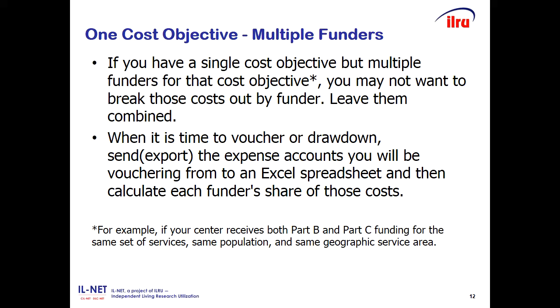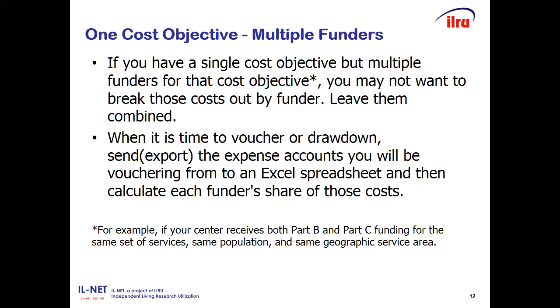Now, I'm going to take y'all down memory lane to remember what a cost objective is. There was a time a few years ago where cost objective was almost always interpreted as a funding source. But the new uniform guidance and uniform administrative requirements are very clear on exactly what a cost objective is, and it has become very clear that you can combine multiple funders into a single cost objective.